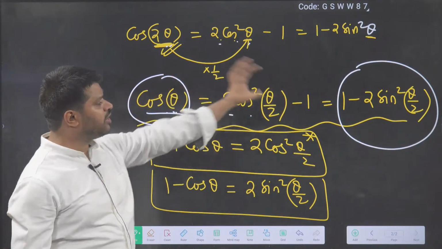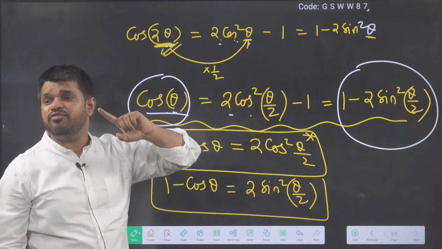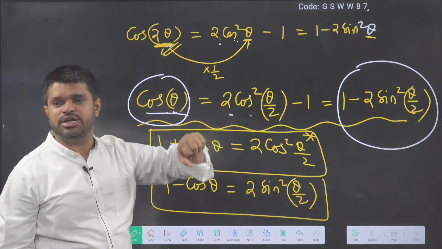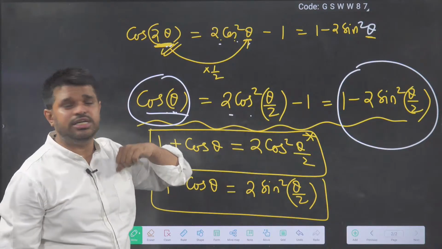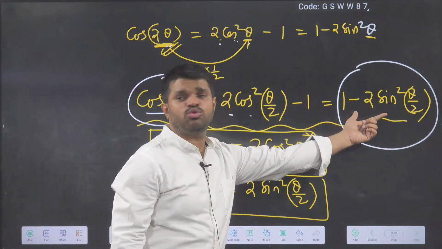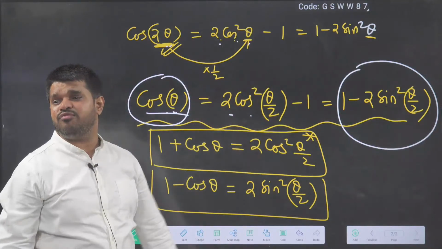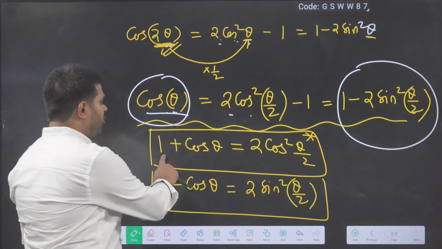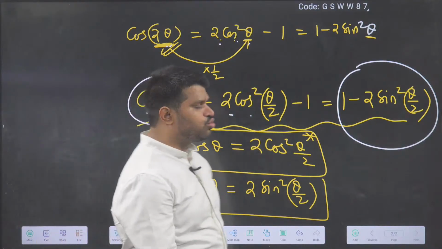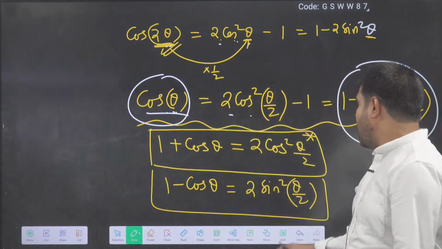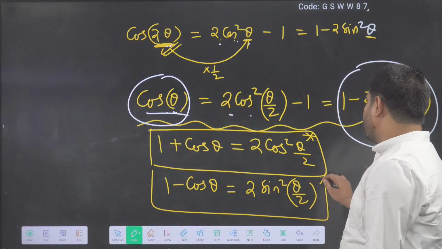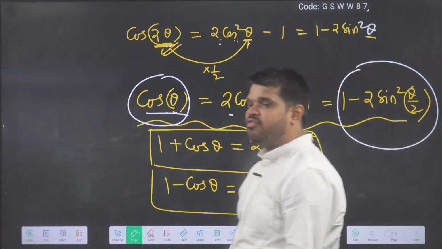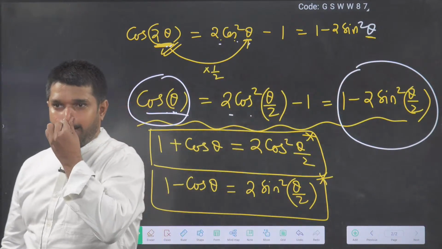When cos theta goes to the right side, it becomes 1 minus cos theta, and when minus 2 sine square theta comes to the left side, it becomes positive. So 1 plus cos theta equals 2 cos square theta by 2, and 1 minus cos theta equals 2 sine square theta by 2. Two very important formulas that we will be using. Write it.